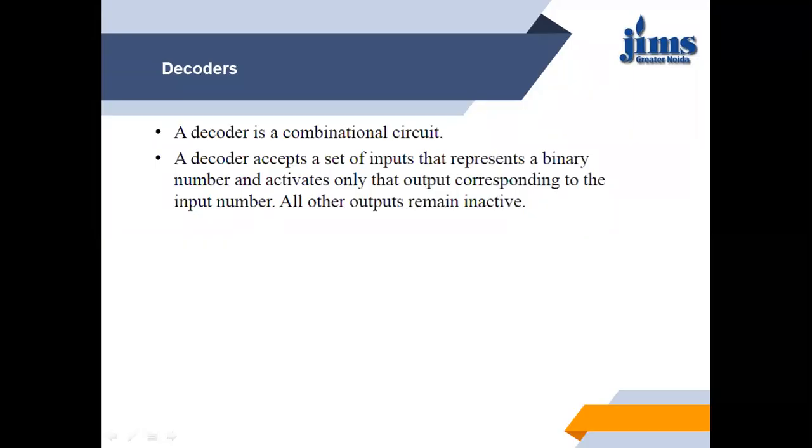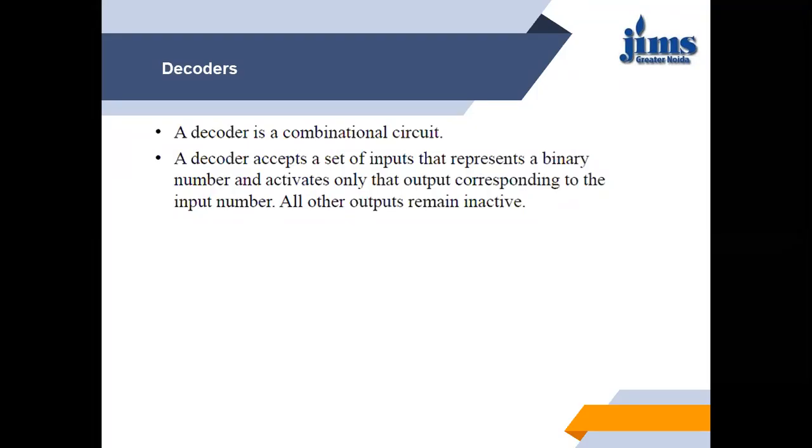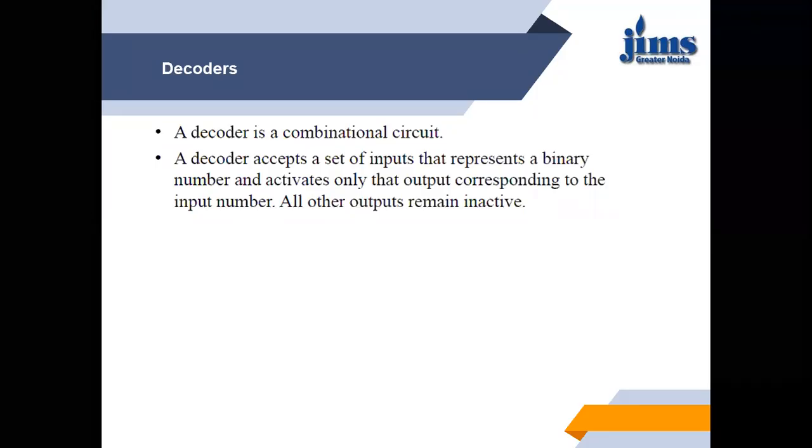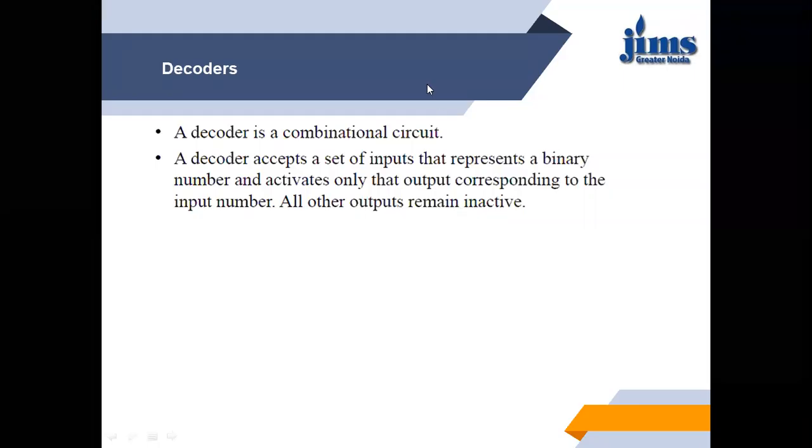A decoder is a combinational circuit. It accepts a set of inputs that represents a binary number and activates only the output corresponding to the input number. So whatever is the input combination, according to that, a single output will be activated, and at that time all other outputs remain inactive.